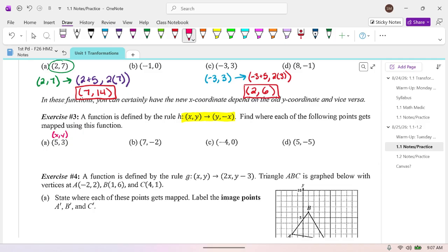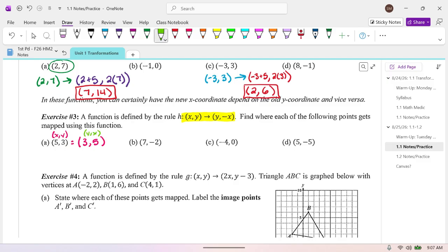But good thought. Good thought. Flip what? Flip the numbers. Good. So the first thing is that we're going to flip the numbers to give us yx.